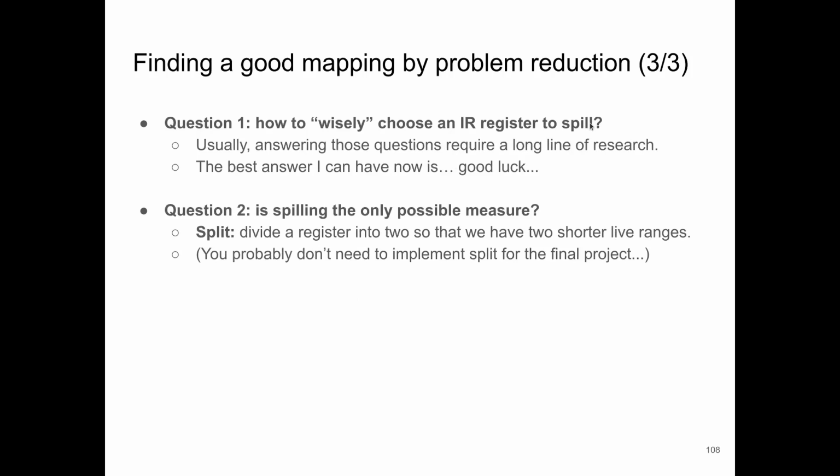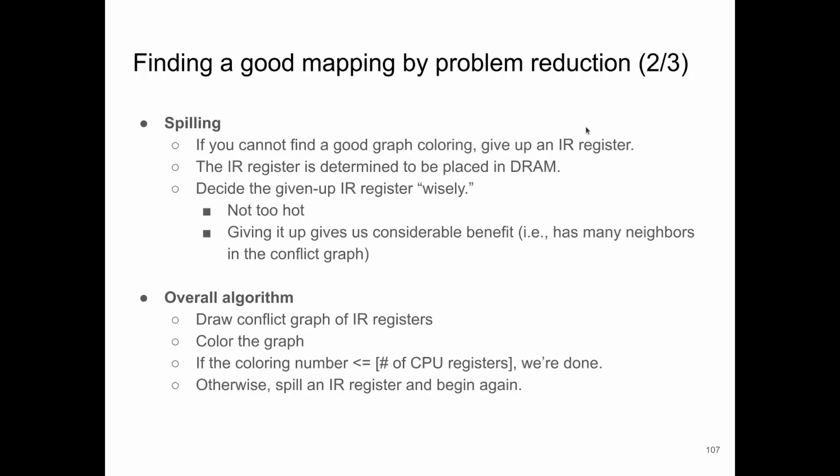So the cost effectiveness of finding a good spilling strategy is diminishing. So I'd like you to implement this overall algorithm, but for the first iteration, I'd like you not to think too much about this strategy because it will not give you much benefit.